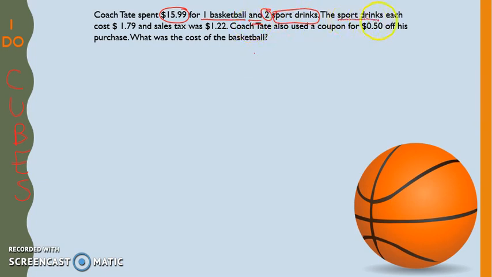The sports drinks, each keyword, cost $1.79, and we have sales tax that was $1.22. Coach Tate also used a coupon. We know coupon means discount of 50 cents off his purchase. What was the cost of the basketball?